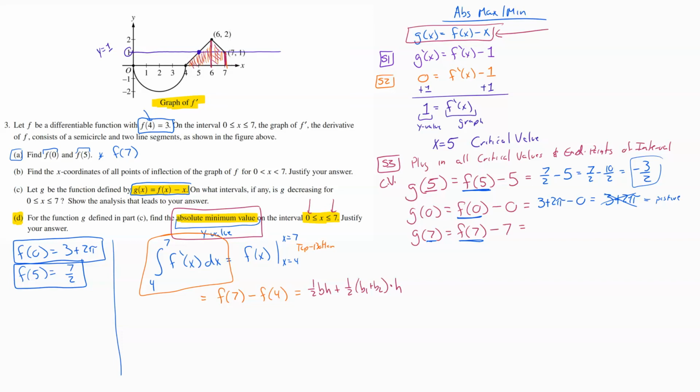So as we come back in, plugging in what we know, we're trying to find f of 7. F of 4 we had from previous, that is equal to 3. And this is going to equal 1/2 on our triangle here. The base is 2. Then the height on this, that up and down there, that height is also going to be 2.